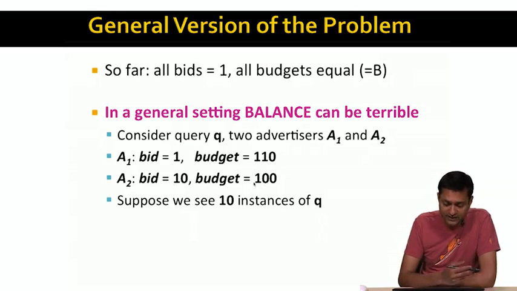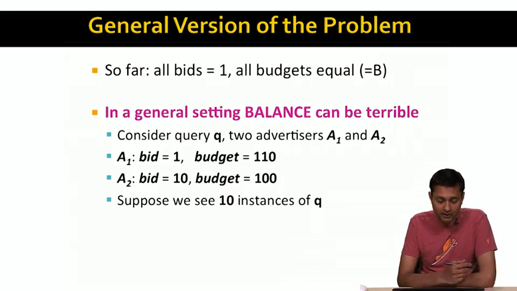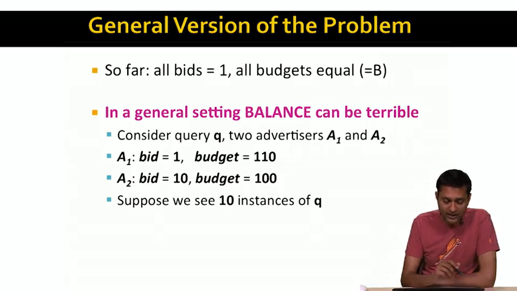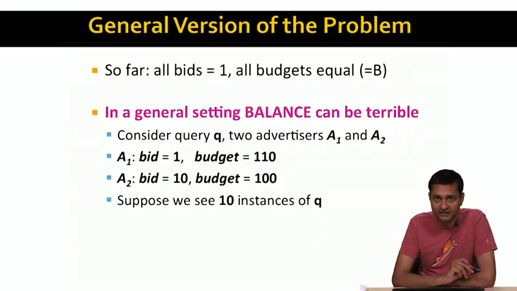Now, let's say we see 10 instances of the query queue. When the first instance comes in, A1 and A2 are both eligible advertisers, but A1's balance is much larger than A2's because A1's budget is 110 and A2's budget is 100, and so we'll end up assigning the query to advertiser A1.